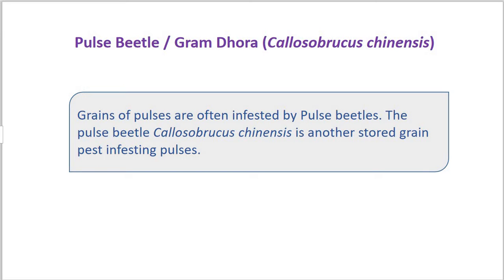The pulse beetle Callosobruchus chinensis is another stored grain pest which infests the pulses. In the previous lecture we discussed the stored grain pest rice beetle, which particularly infests the rice, whereas this pulse beetle particularly infests the pulses.